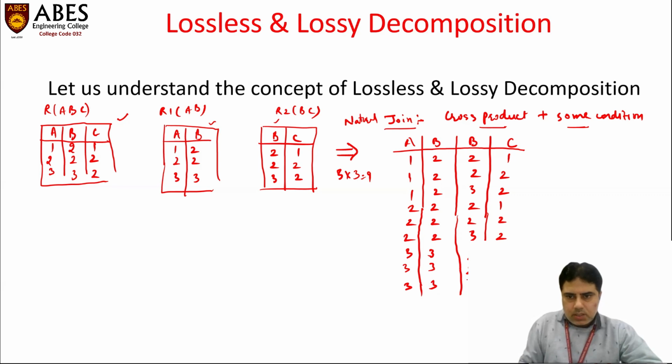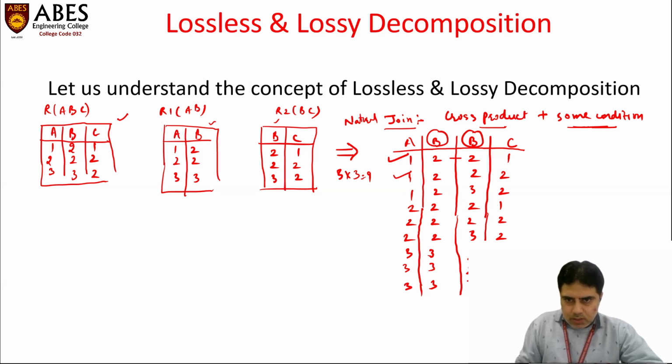Now here is the plus some condition. The condition is equality of the common attribute. So both are equal, so this row will be selected. Both are equal, so this will be selected. Both are not equal, we cannot select this row.